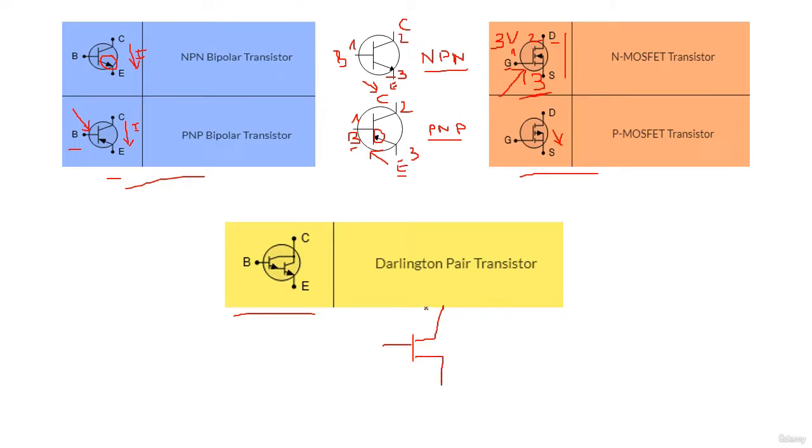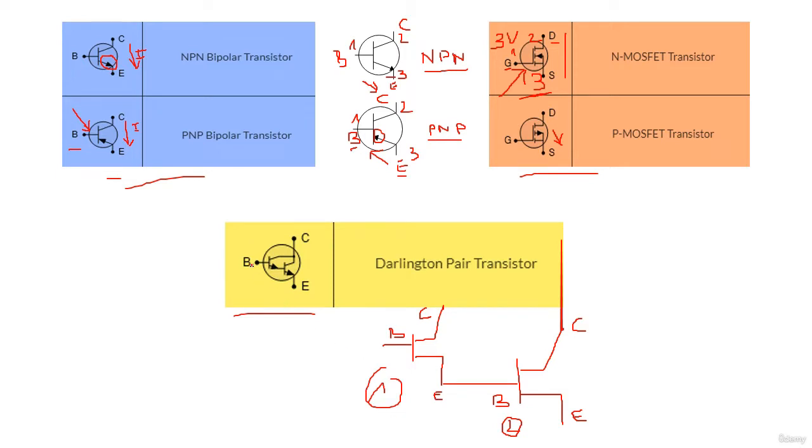We have the collector here, the base here, and the emitter here. The emitter of this transistor goes to the base of another transistor. Here we have the collector and the emitter, and this is the base. So the emitter of the first transistor goes to the base of the second transistor. This is a Darlington Pair transistor.